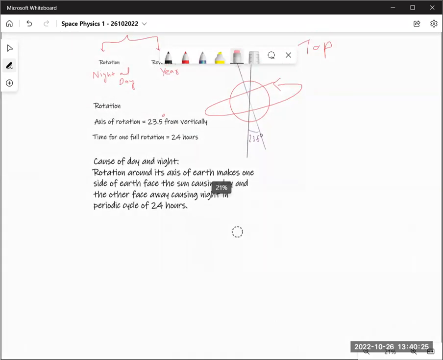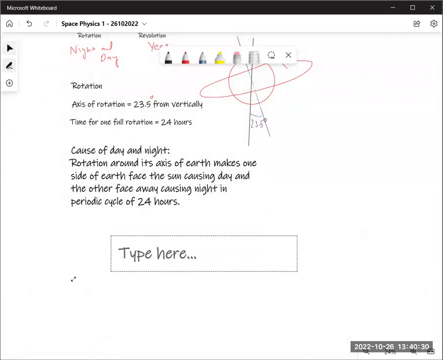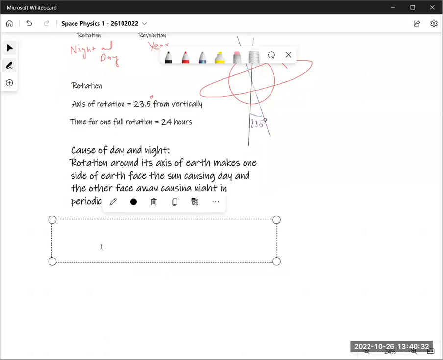Now we know what day and night are. Well, we need to know what an equinox is as well. Let's start with rising and setting of sun.